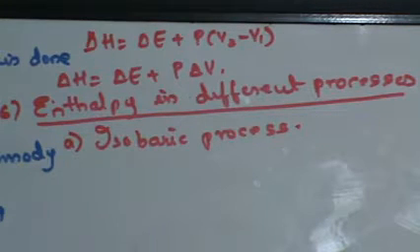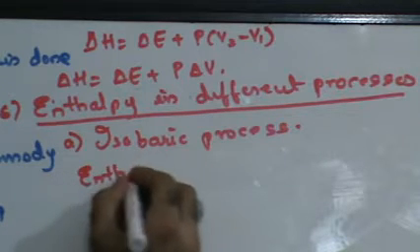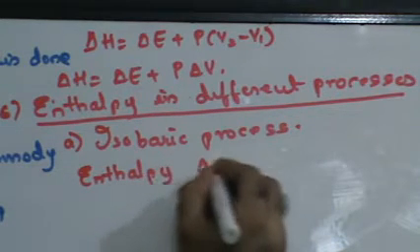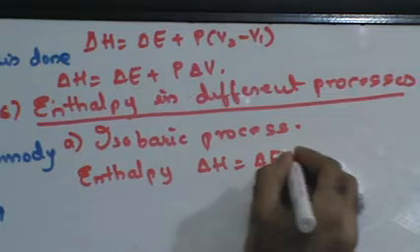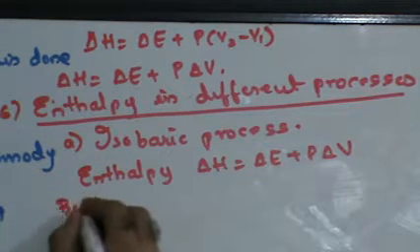For an isobaric process, we already know the enthalpy we've just derived: delta H is equal to delta E plus P delta V.